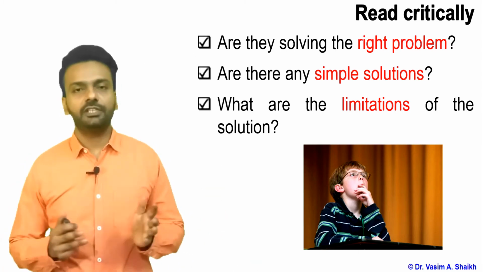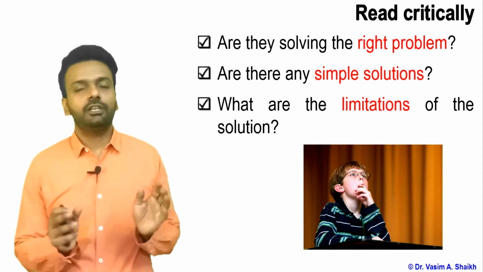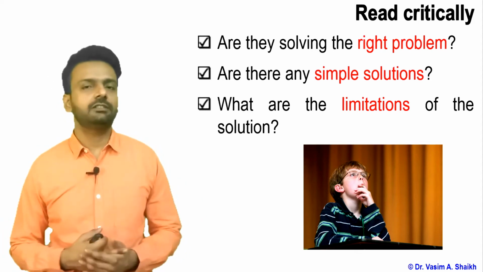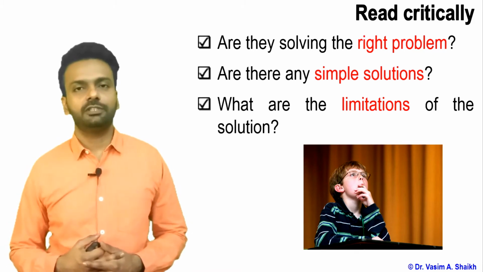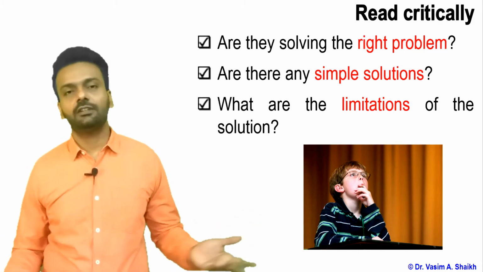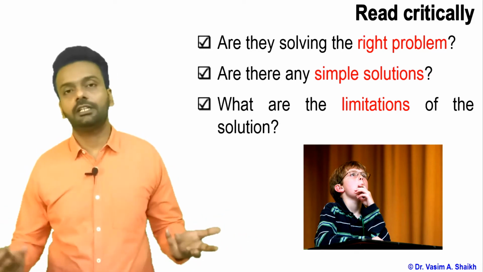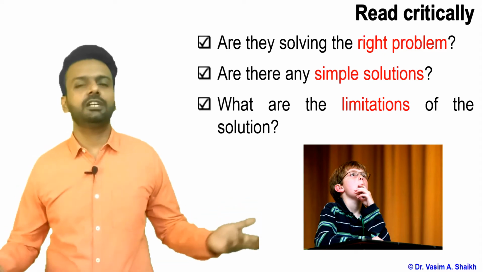So what we do is find the gap and then see how we can contribute or bridge the gap. That is the most important thing we do in research work. Of course, you can find new things, very novel things. That is also possible, but we do that once in a lifetime.